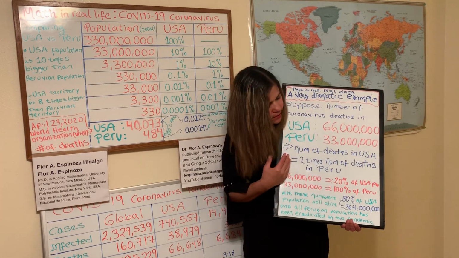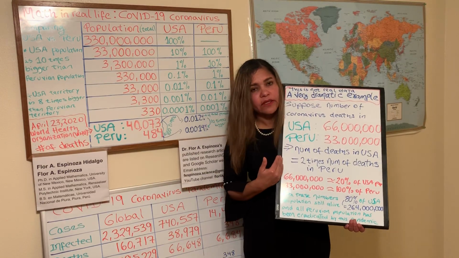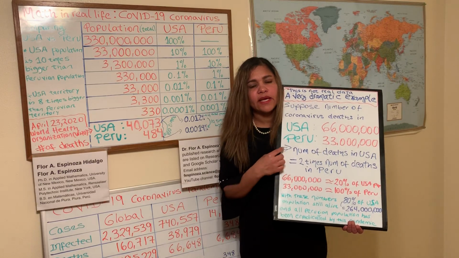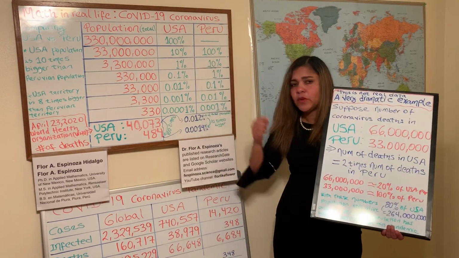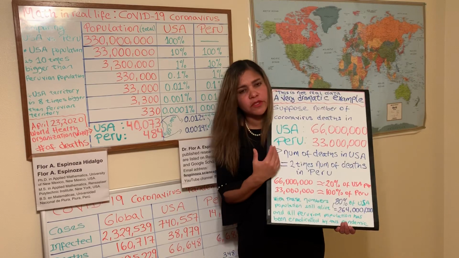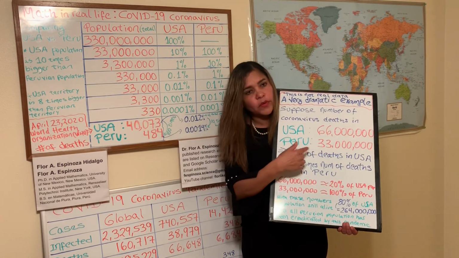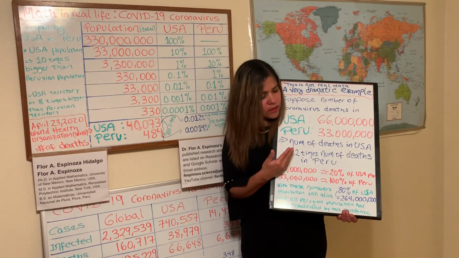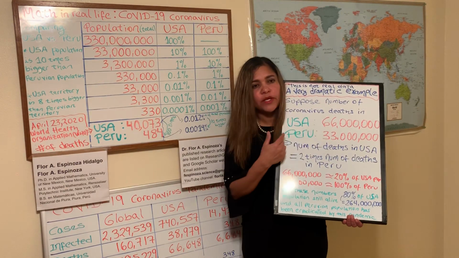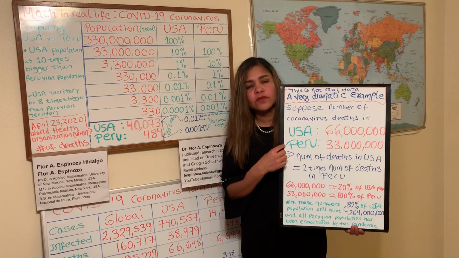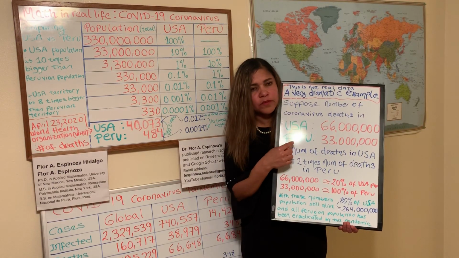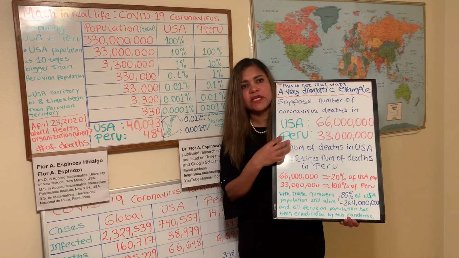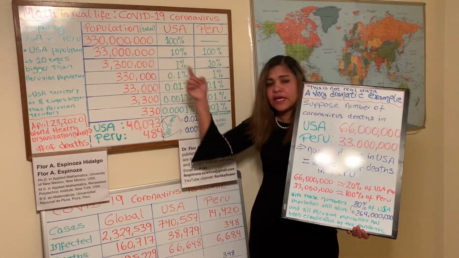And what is that? If this is happening, then 33 million people is equivalent to 100% of the Peruvian population. That means if this horrible situation is happening, the Peruvian population has been eradicated by a pandemic, while the United States population is surviving because 66 million, even though it's a big number, represents 20% of the United States population.